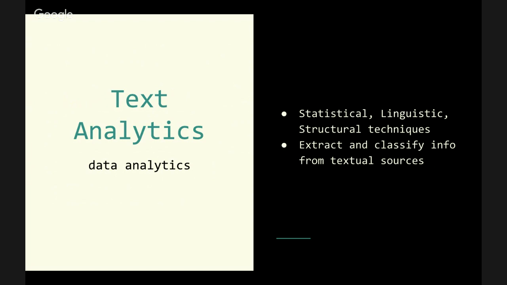When something is hashtagged, it's very easy to be part of text analytics because you can see in real time how many people are talking about that topic. That's a very basic form of text analytics. It extracts and classifies info from textual sources. So, like what I just said, taking words, breaking them down, looking for patterns.